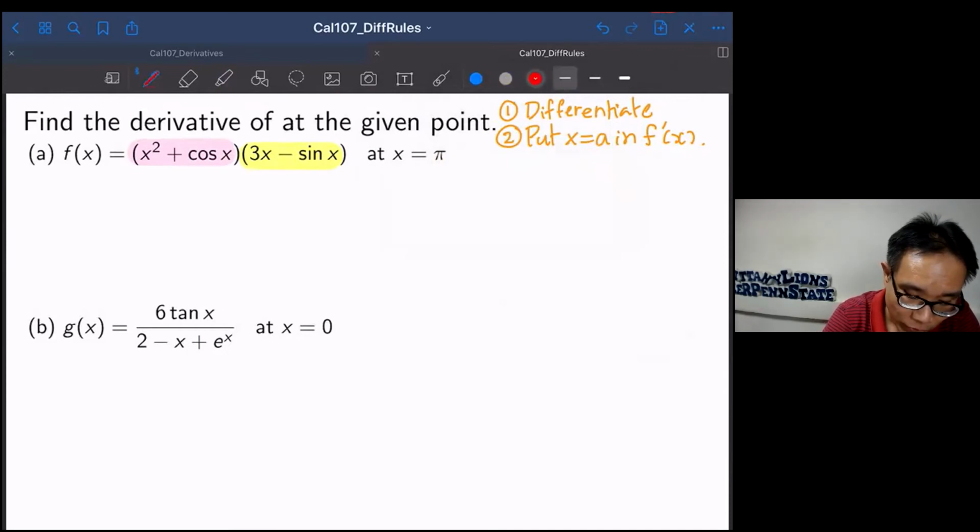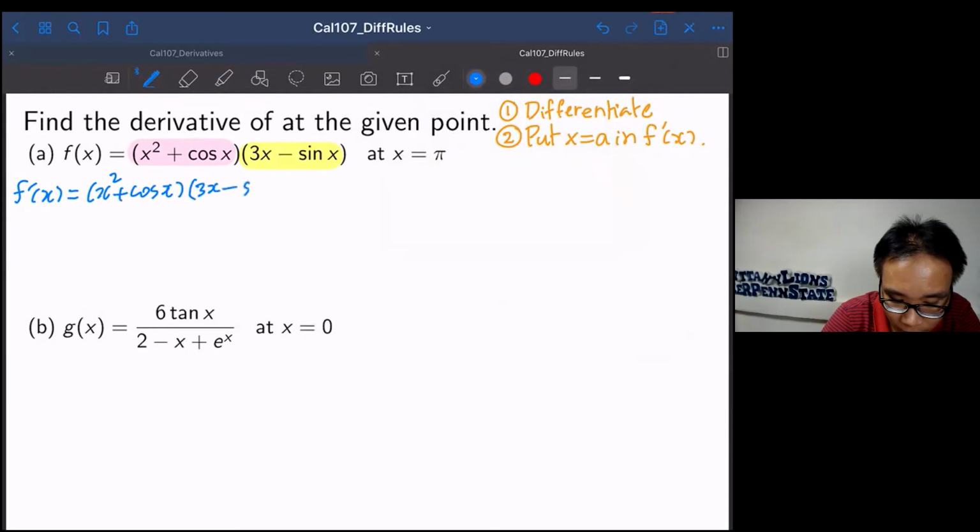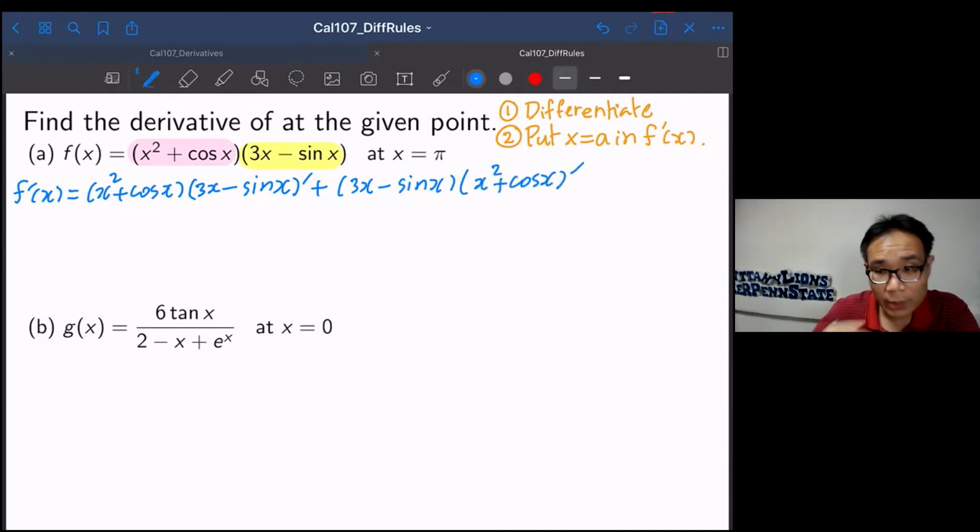So you get f prime x equal to the first, x squared plus cos x, times the derivative of the second, 3x minus sine x prime, plus the second, which is 3x minus sine x, times the derivative of the first, x squared plus cos x prime.